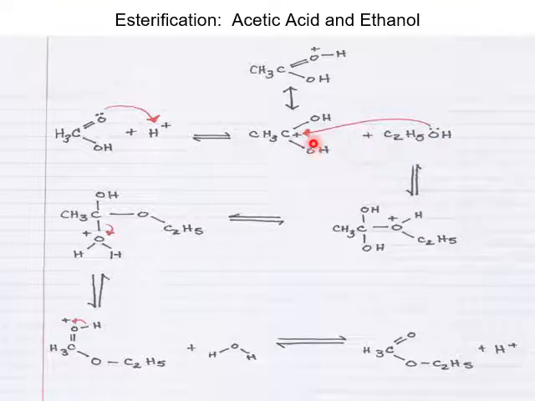Ethanol will attack the positive center, and after removal of the water, we'll have our final product. But don't forget that the byproduct of the reaction is water, in addition to the final product, which is an ester.